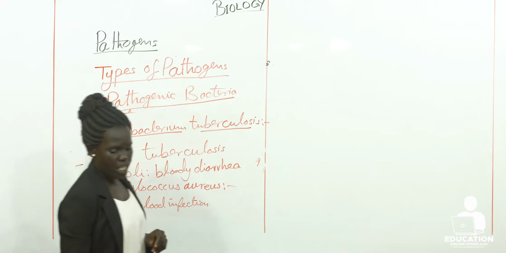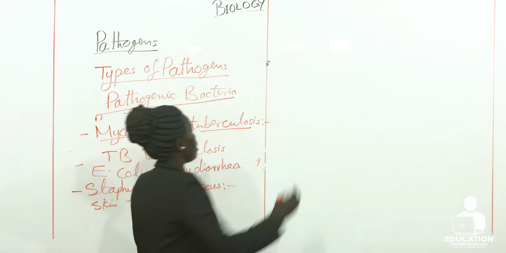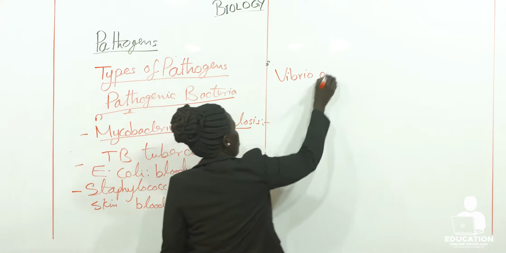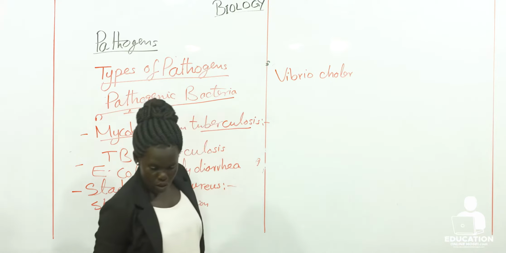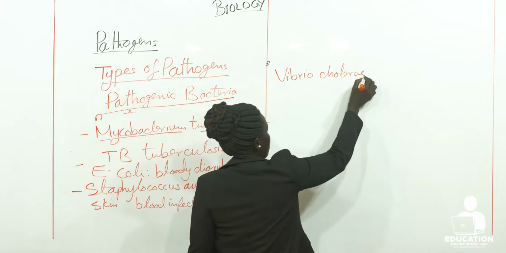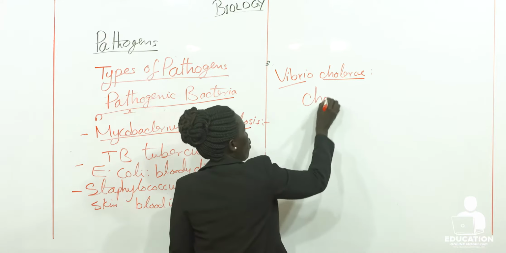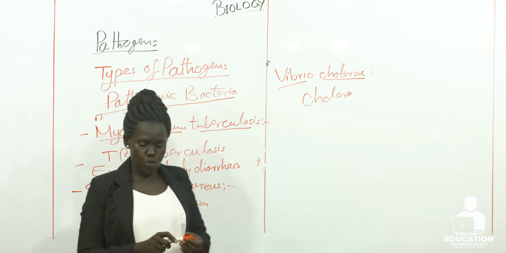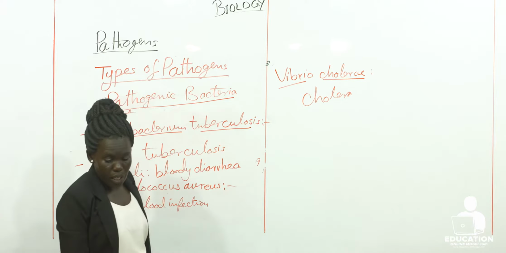The last bacteria is Vibrio cholerae. This one causes what? Cholera. All of us know cholera. That's the watery diarrhea.